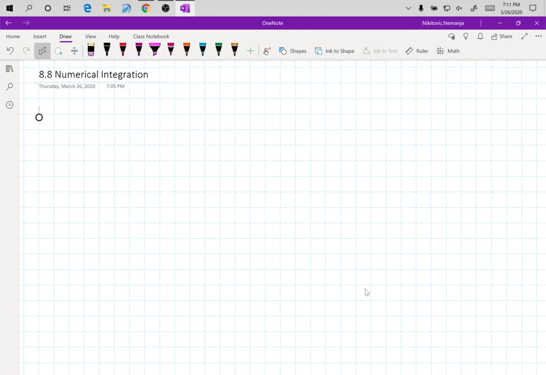Why numerical integration? Well, not every function can be integrated. That's the biggest problem. See, we can differentiate anything, but we cannot integrate anything. We have those methods.